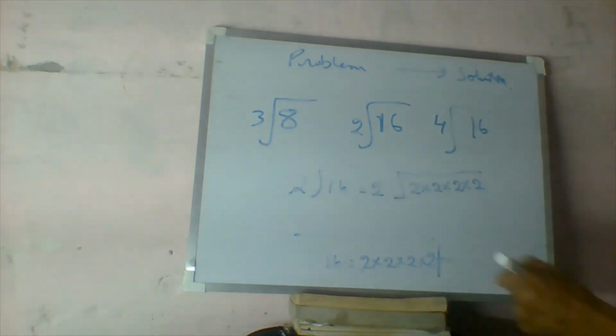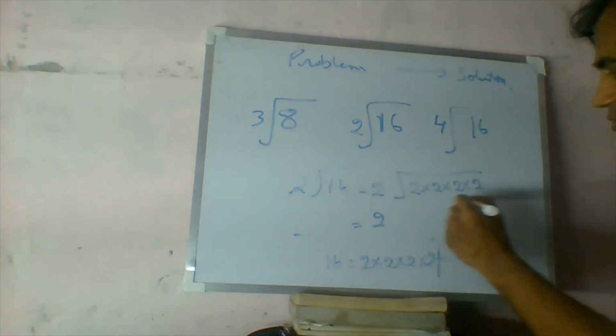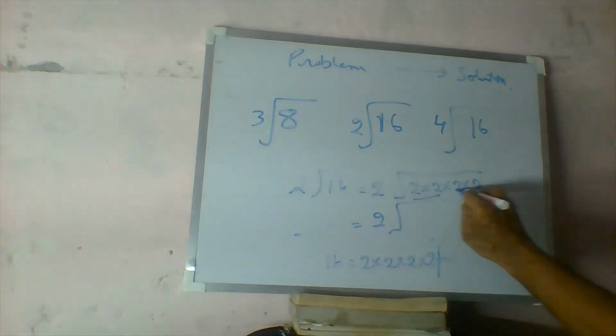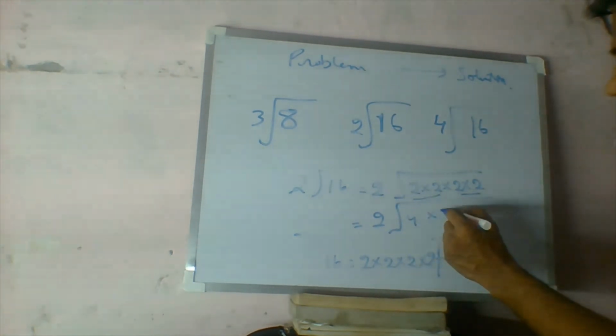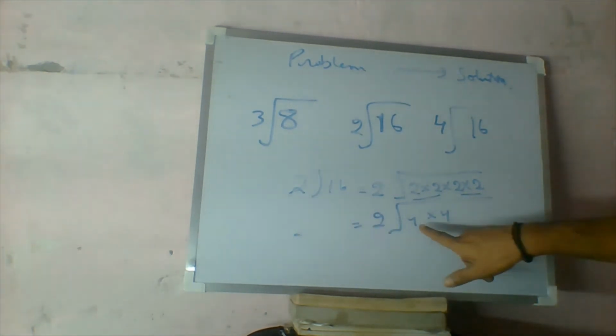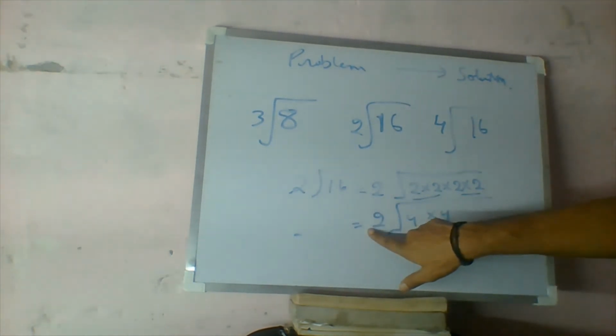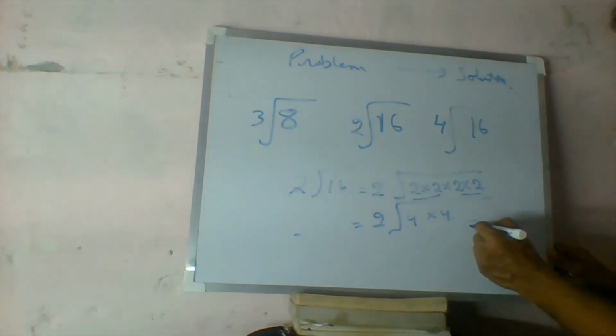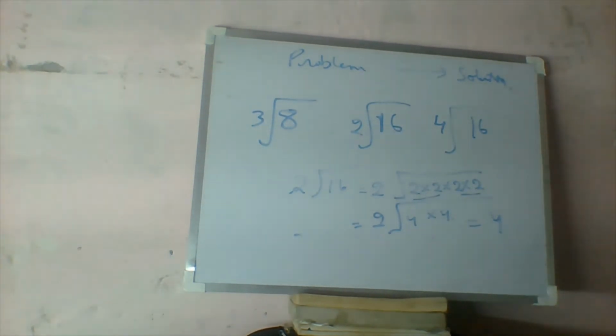No problem. Now I have a number multiplied by itself 2 times that gives me 16. So my answer is 4.